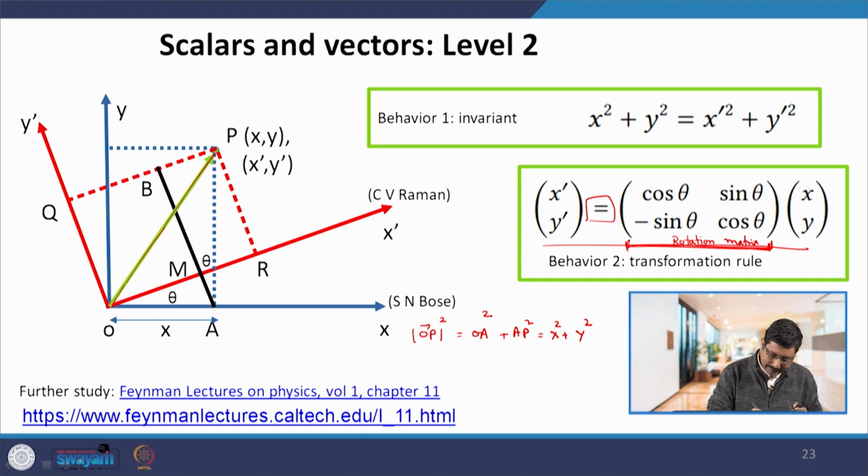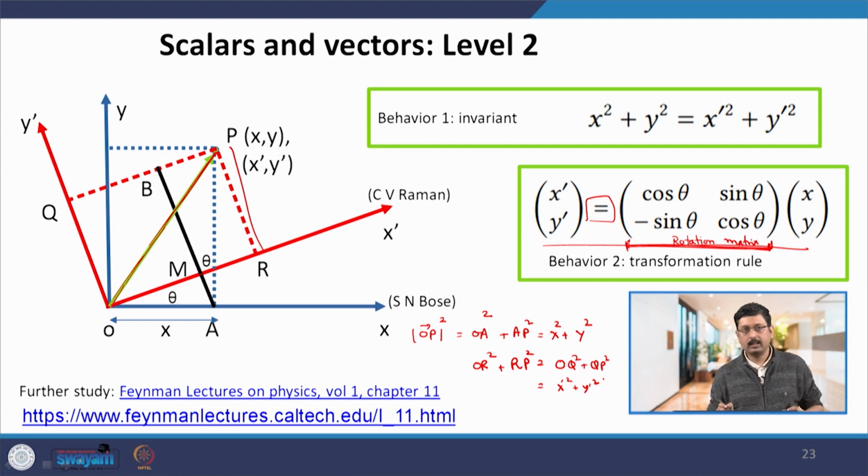Now, the same distance OP can also be represented by OR square, in the red coordinate system, plus RP square, which is the same as OQ square plus QP square. So, this is the first kind of behavior.